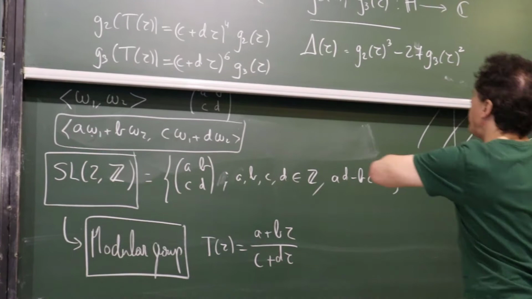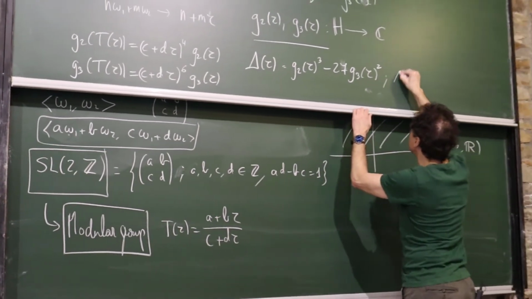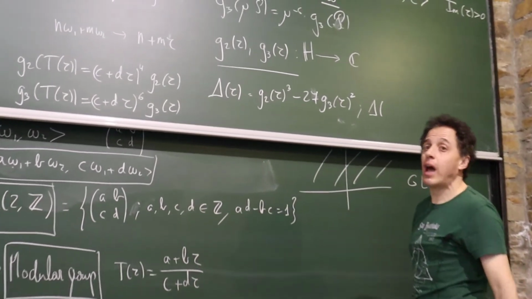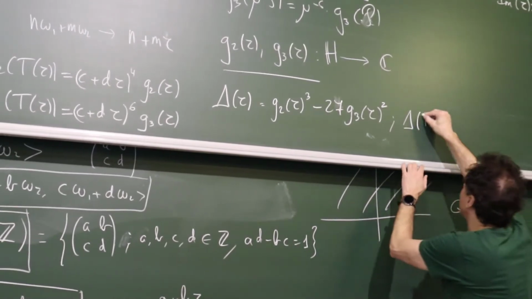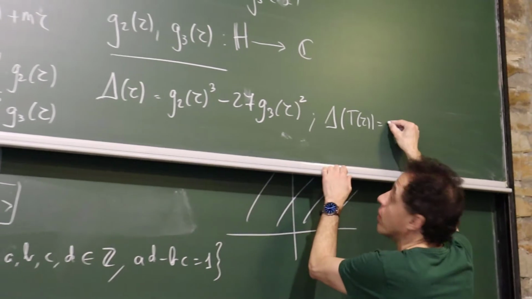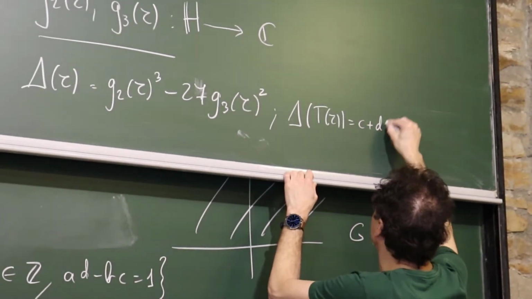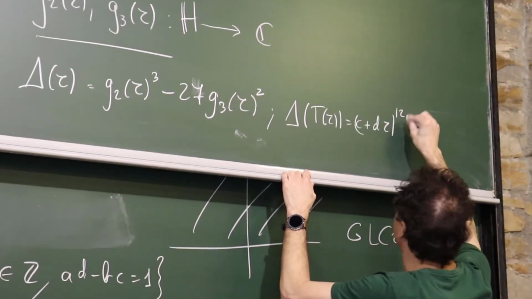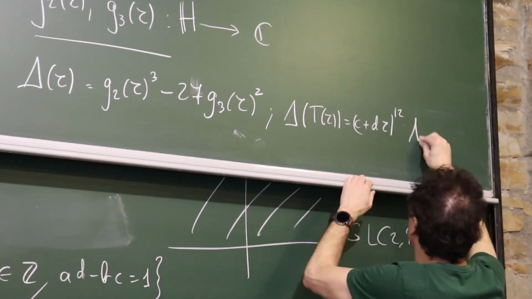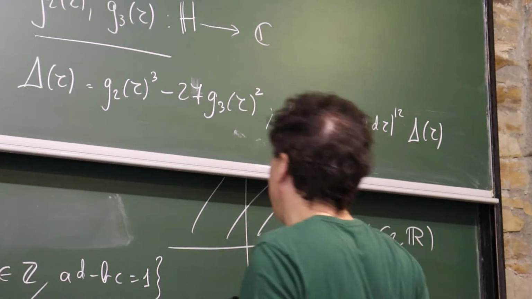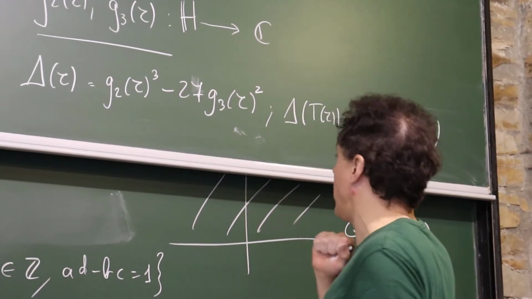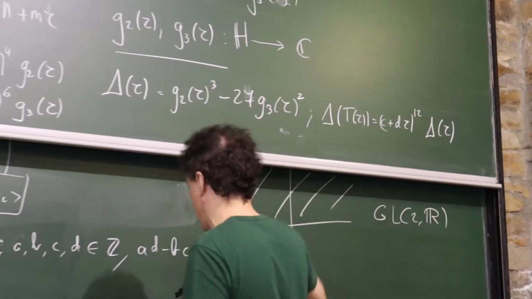Due to previous considerations, the behavior of the discriminant function under Möbius transformation is C plus D tau to the 12 times the discriminant. And finally, we're going to consider one very special function that is called J.